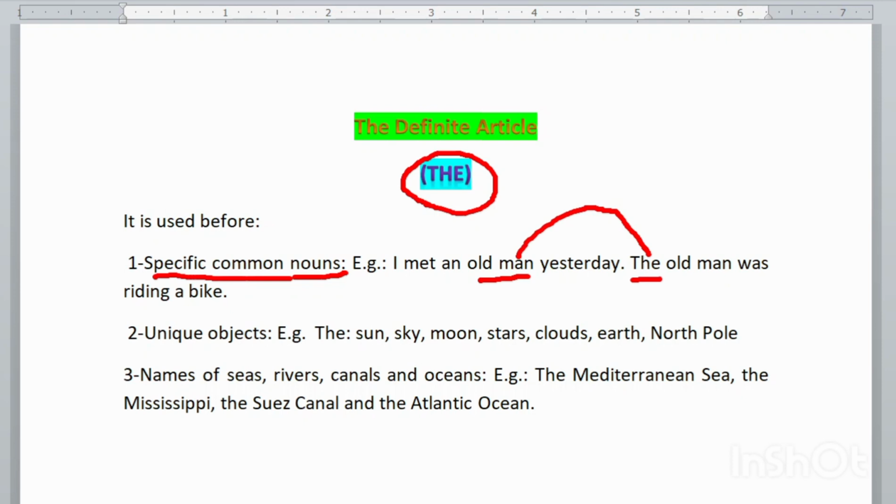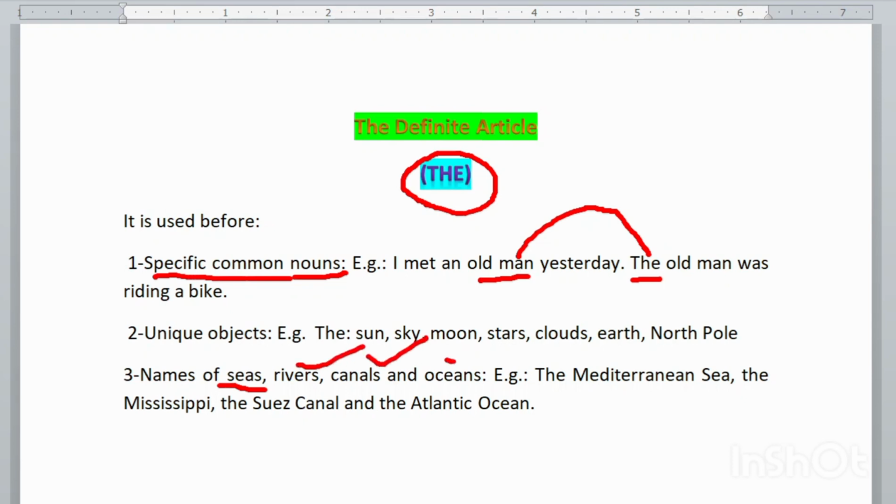Rule number 2, unique objects. For example, the sun, the sky, the moon, the stars, the clouds, the earth, the North Pole. Likewise, we will use it with unique objects. And rule number 3, names of seas, rivers, canals, oceans.